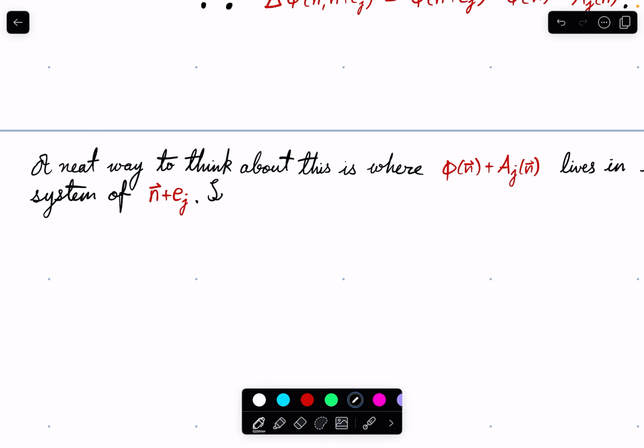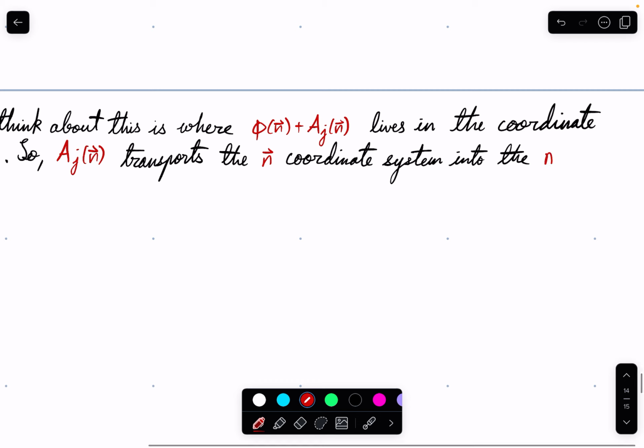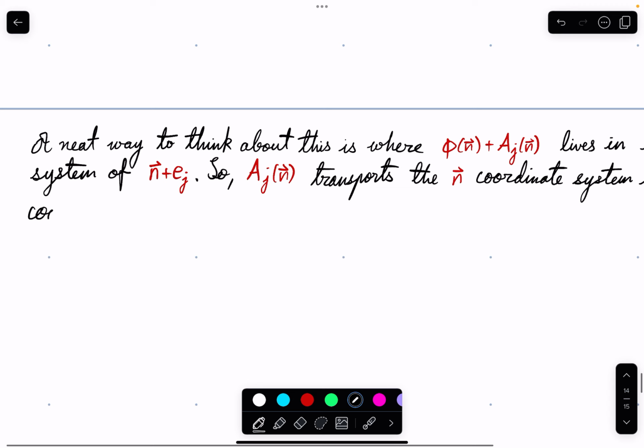So a j n transports the n coordinate system into the n plus e sub j coordinate system.